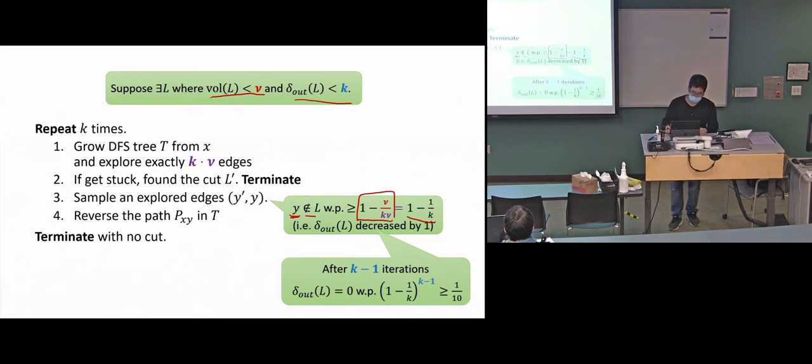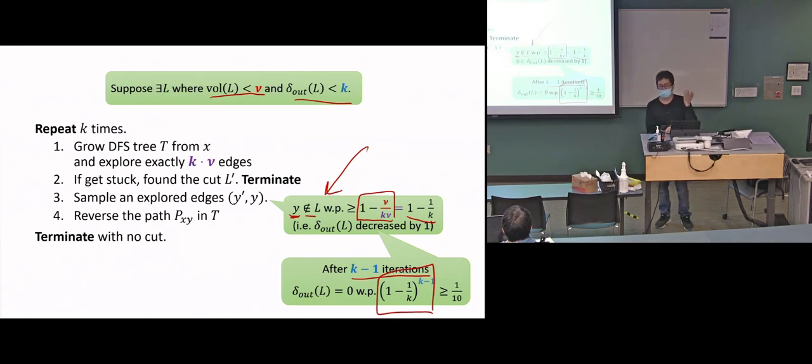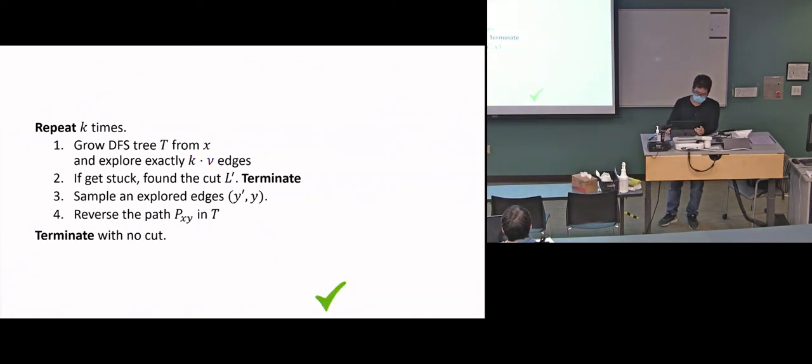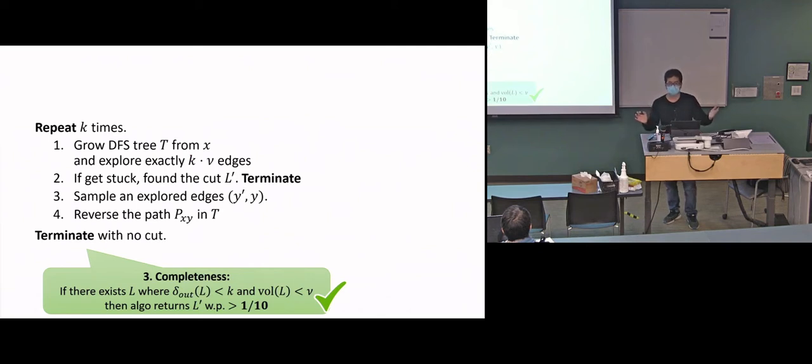So after k minus 1 iterations, the probability that this event keeps happening at every iteration is at least 1/10. Which means that in the last iteration you would get a cut already, because the cut was less than k and you reduce the cut size at every iteration. So it means you will return some cut.